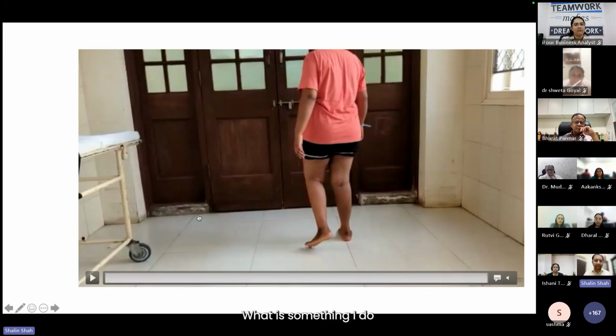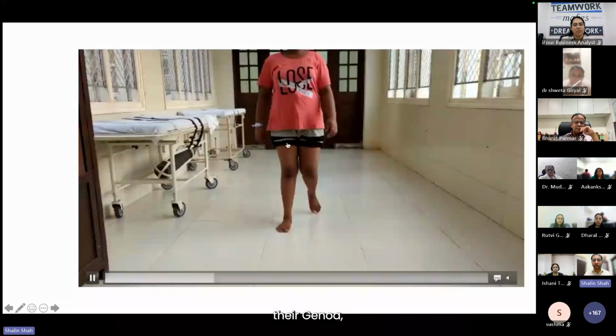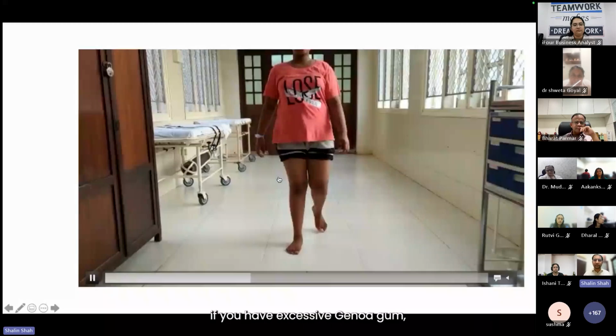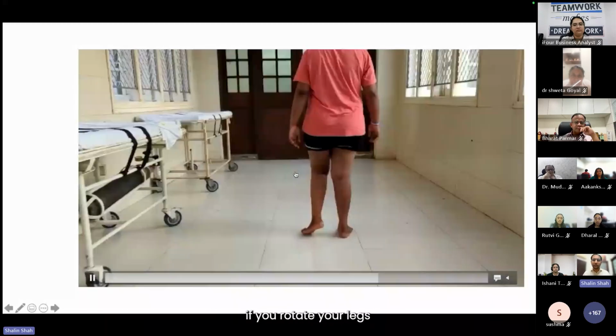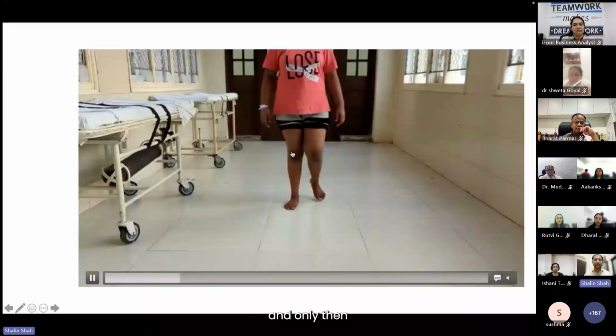Something I do notice is some of them, just to hide their genu valgum, rotate their legs. If you have excessive genu valgum, if you rotate your legs internally and walk, you would hide some of that genu valgum. So when you're examining these kids, you really need to get the patella centered, and only then you'll get the correct coronal plane alignment.